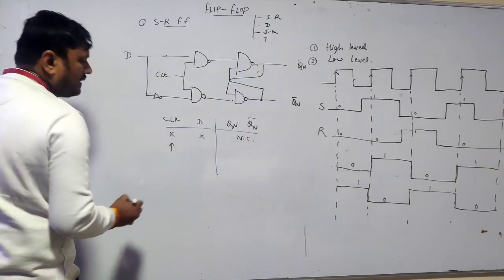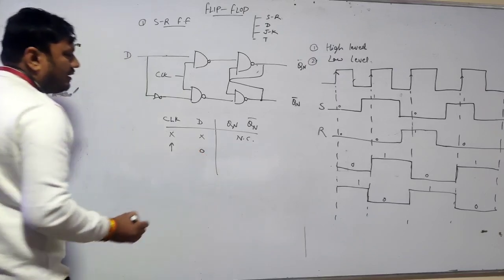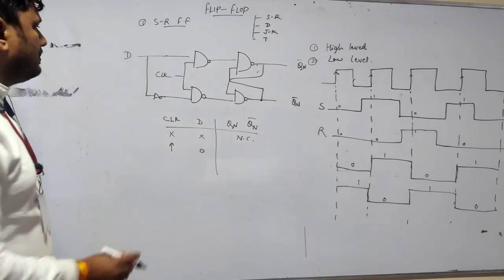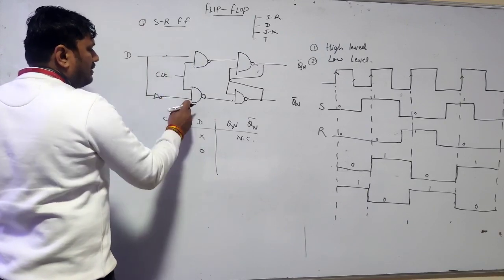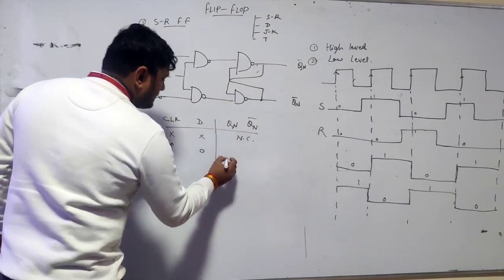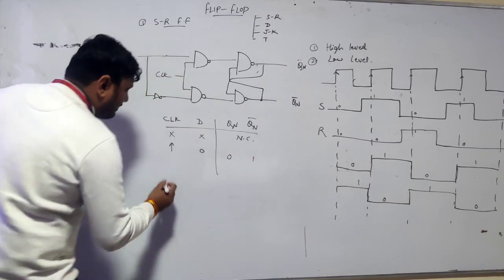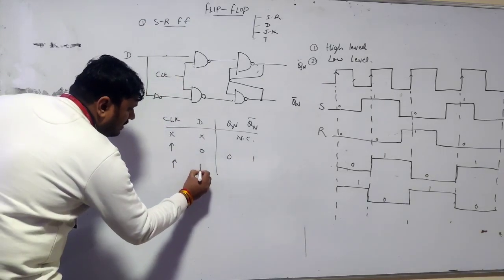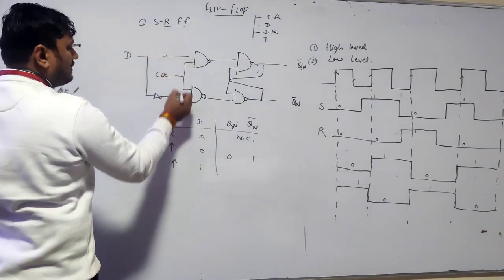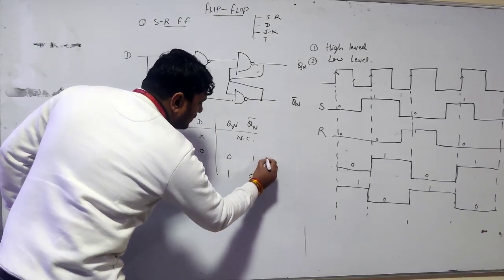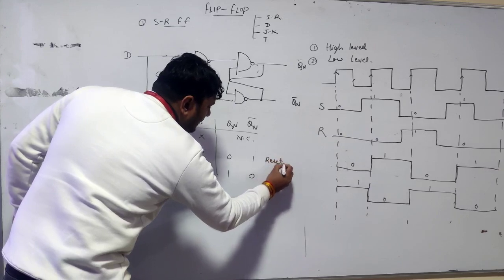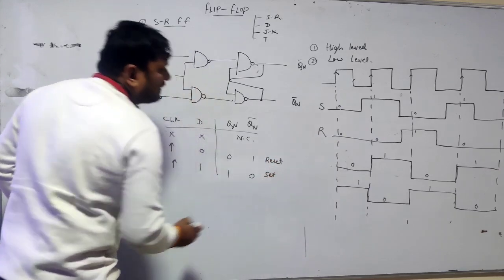Now with a clock pulse and we have 0, meaning here we are applying 0 and 1, then our output is 0 1. If it is 1, then it's 1 and 0. Again, this is reset and this is set, right?